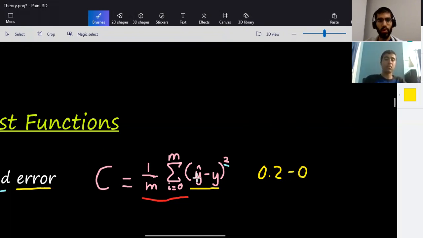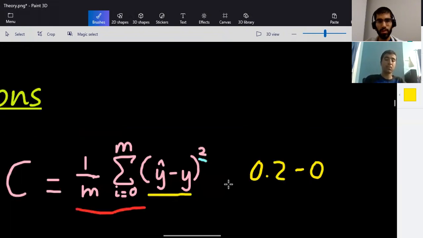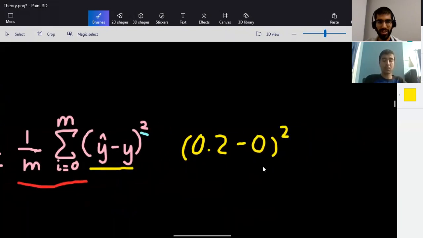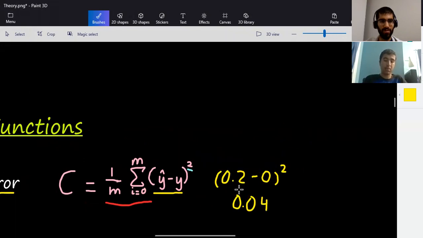So we want to adjust our parameters so that we get a better prediction, closer to 0. But look at the cost: it's 0.2 minus 0, we square that, and the cost becomes even smaller. It becomes 0.04. That's pretty unintuitive. That's not good behavior.